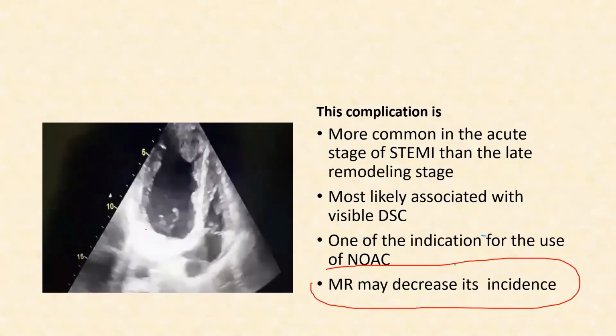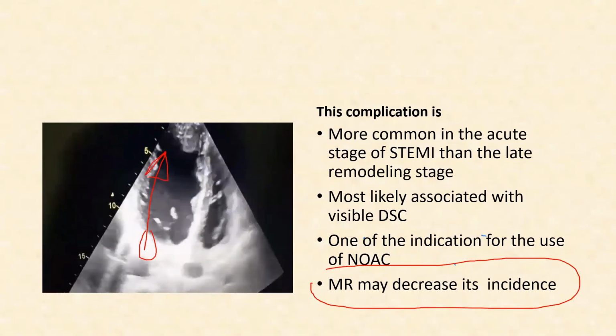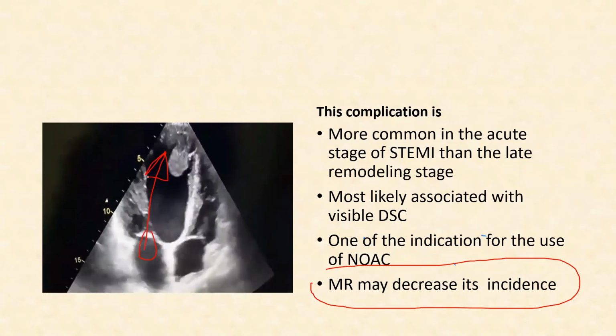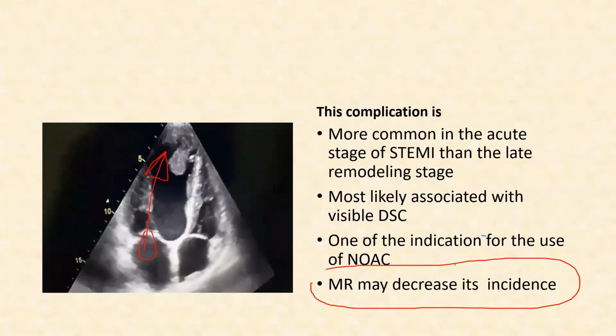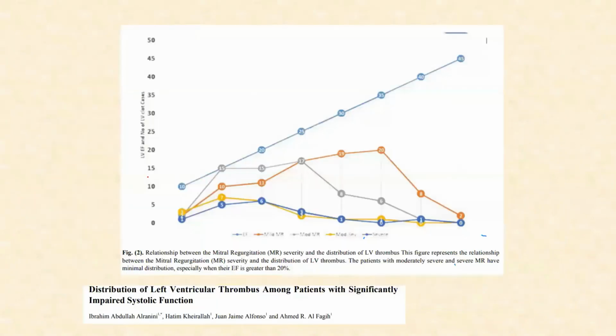If you have MR here, imagine this MR is pushing a lot of volume. It is sort of clearing the LV, improving the flow, preventing stasis, theoretically, right? And I was part of this study also, in which we looked at the distribution of LV thrombus among patients with impaired systolic function across different cardiomyopathies, ischemic and non-ischemic.